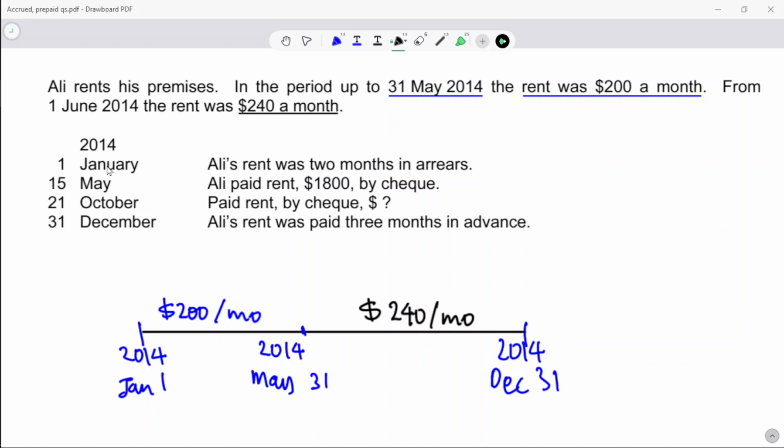So 1 January is here, 200. So I use blue color. So 2 months in arrears, to the left hand side. Outside, minus 2 months. In total how much? Minus 1 month is 200. 2 months is 400. I better put this one 400.